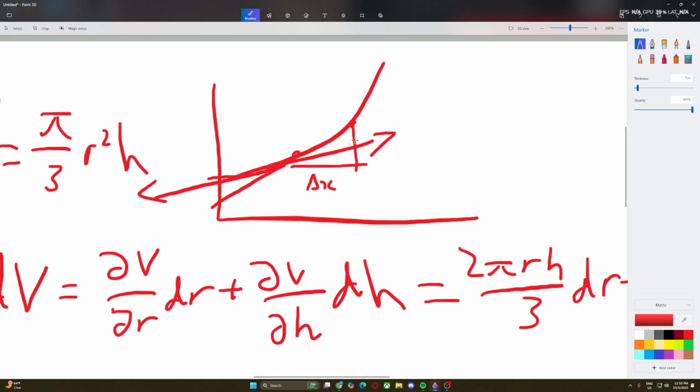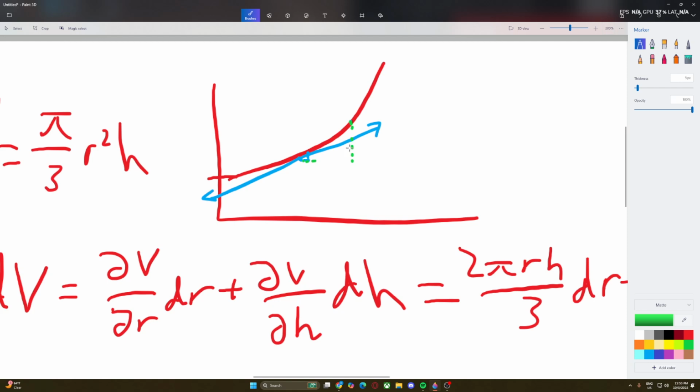Let me just draw this better. So the line right here, dx is this very small line, and let's say our approximation was right here.